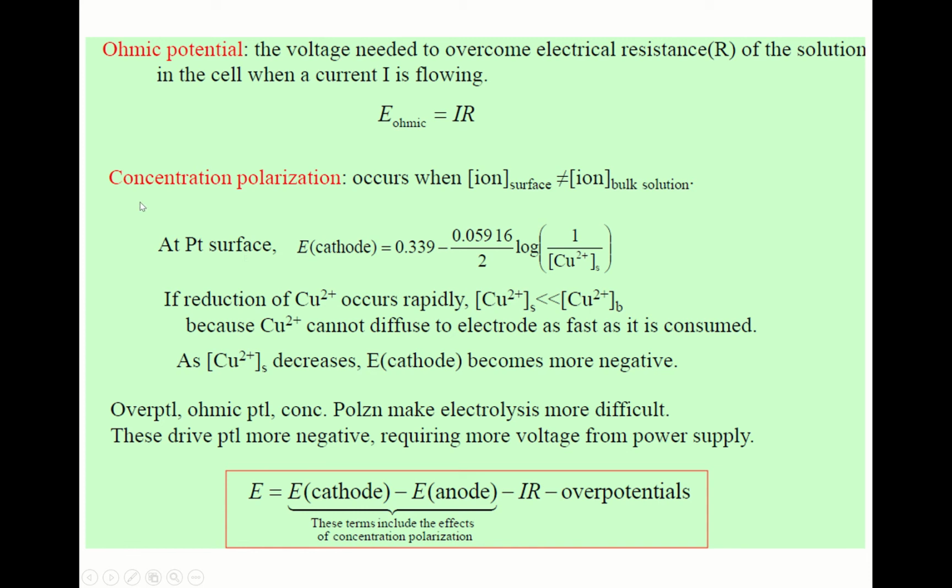Concentration polarization occurs when the ion concentration at the surface is different from the ion concentration in the bulk. To understand this, you have to understand that since we are using electrodes, electrochemical reactions take place at the electrode surface.